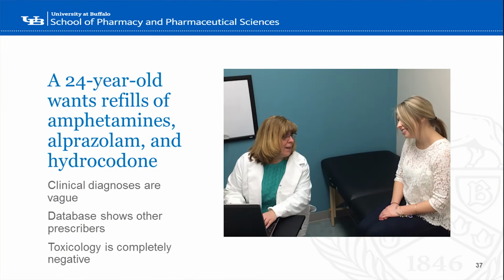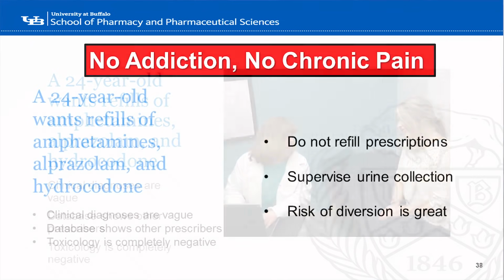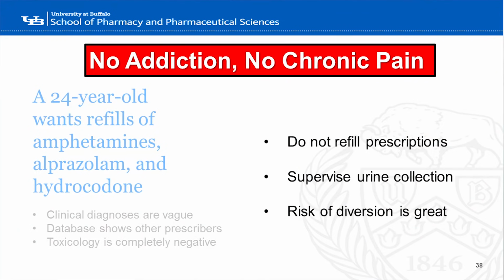A 24-year-old wants a refill of amphetamines, alprazolam, and hydrocodone. Her clinical diagnoses are vague. Her database shows that she's getting multiple drugs from multiple prescribers. And surprise, surprise, her urine toxicology is completely negative for all drugs. Here's somebody that doesn't seem to have a personal history of addiction as far as you can tell here, and no chronic pain.